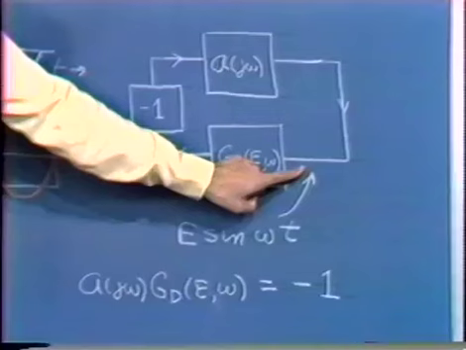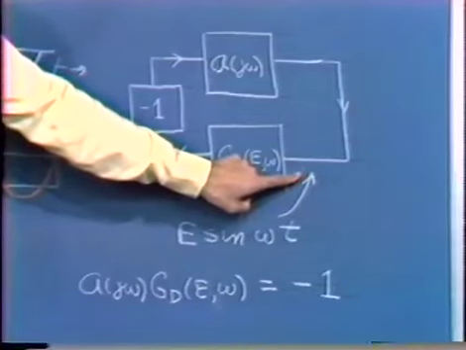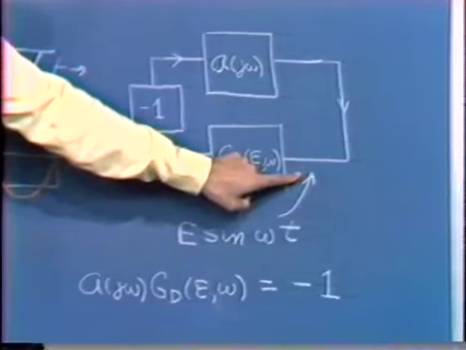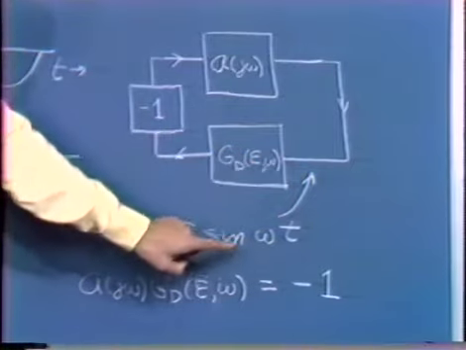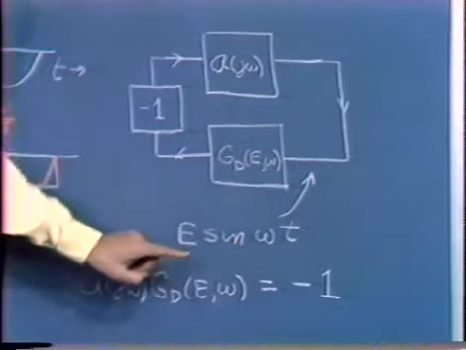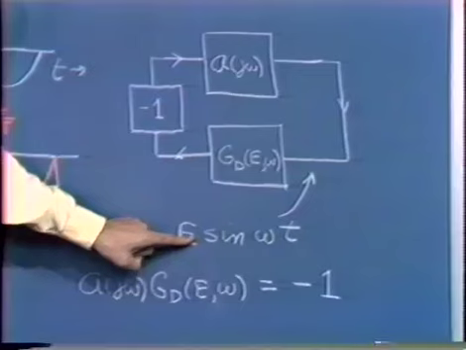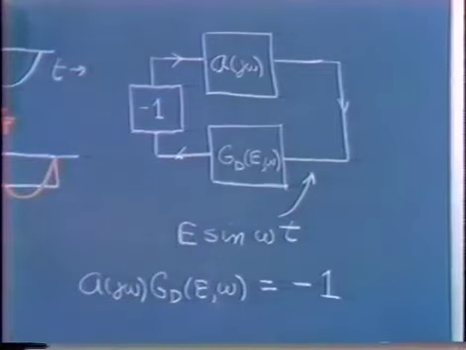If we assume that the amplitude of the assumed sinusoidal signal in the loop at this point is E, in other words, the signal here under steady state conditions has the form E sine omega t, then the describing function analysis says that oscillations may be possible, and we'll have to explain a little bit later on exactly what the hedge is with "may be possible".